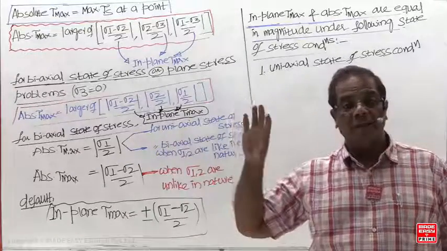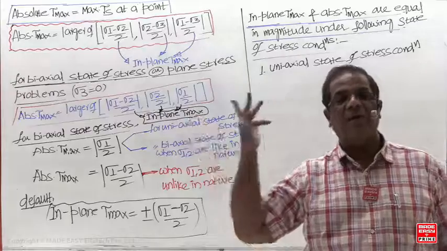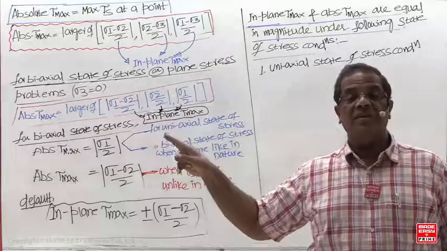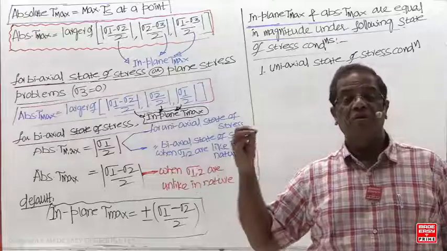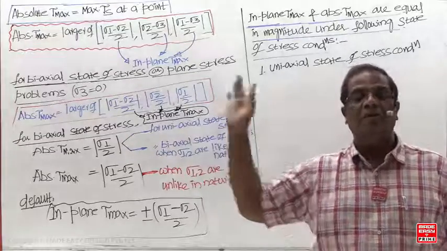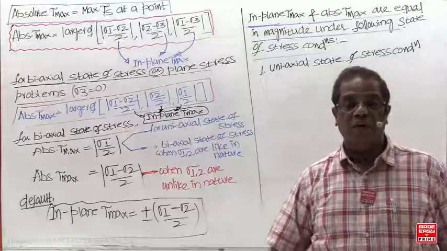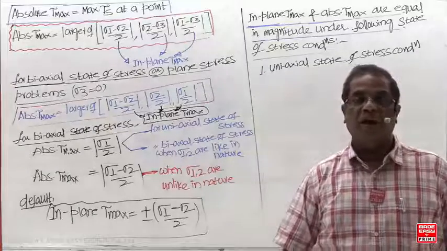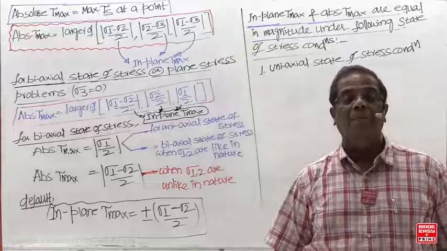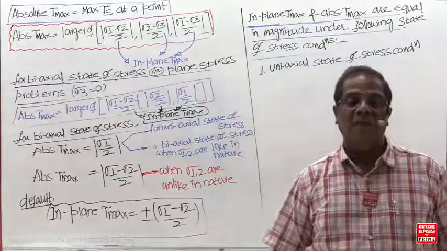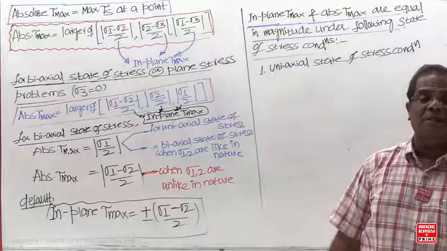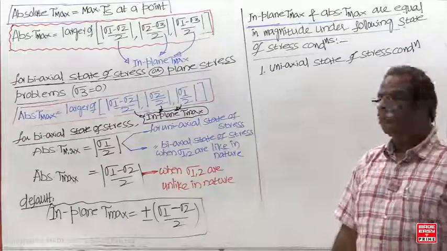If you already know the principal plane, you can directly get the tau max plane. But you have to use that equation when you want to calculate the tau max planes without knowing the principal plane. Otherwise, if you already know the principal plane, you directly know the tau max plane, because the angle between the principal plane and the tau max plane is going to be 45 degrees.